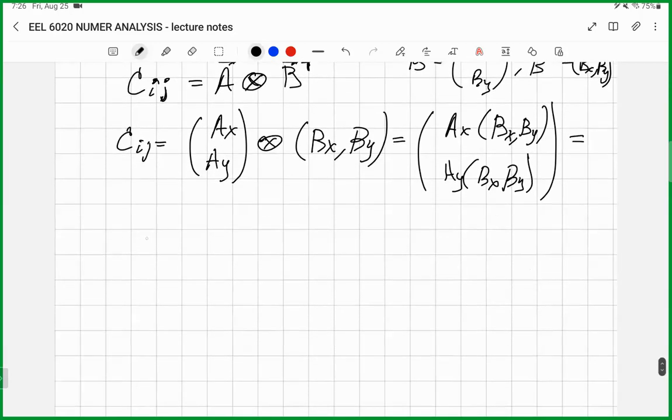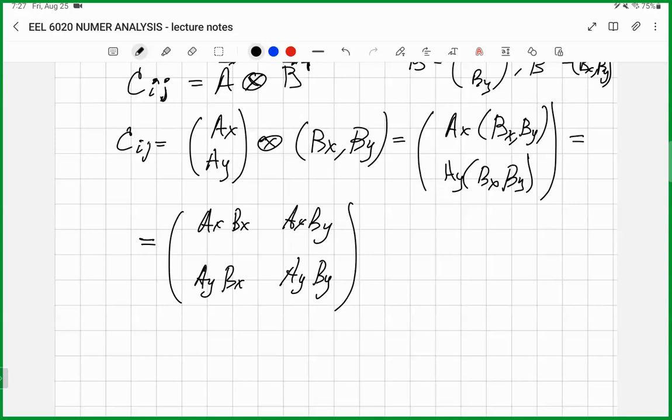When I expand this, I get AX Bx from the first multiplication, then AX By, then AY Bx, and finally AY By.